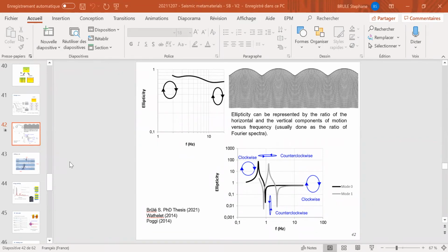A way to represent this in the frequency domain is to say what is the dominant amplitude in the spectral domain, horizontal or vertical. So this is the representation in the bottom. We can see that for two layers, it's much more complicated for a multi-layer model, obviously.